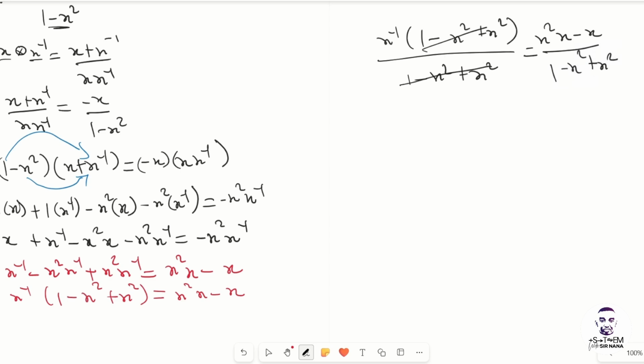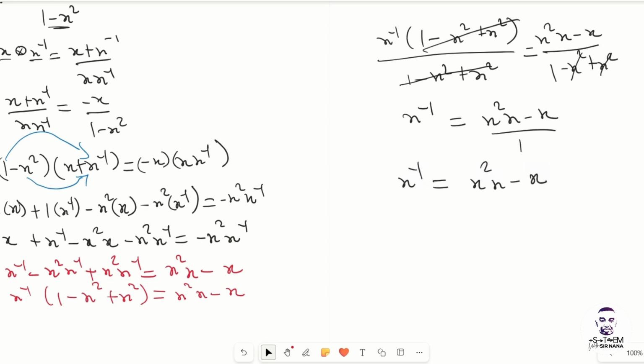So this will cancel this. Remember that x inverse will be here. So you have x squared x minus x, because this would also cancel this. Minus x plus x will be left with 1. So it's like over 1. So it means that x inverse becomes equal to x squared x minus x.